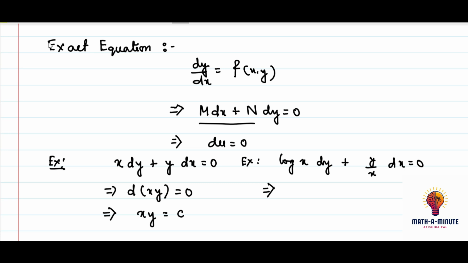We can also write this differential equation in this way: d of y log x equals 0, and directly integrating this equation, we will get y log x equals c. Again, c is an arbitrary constant.